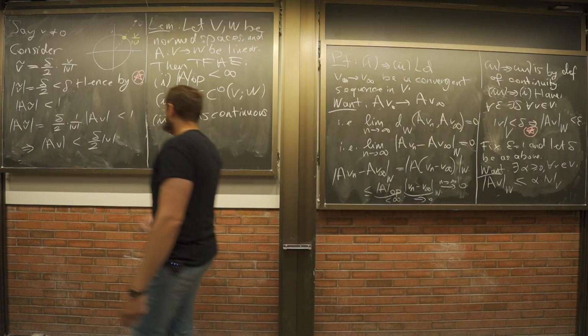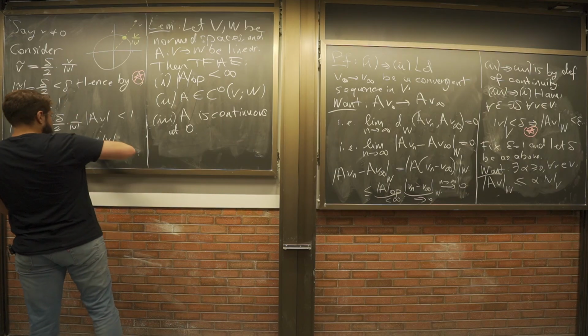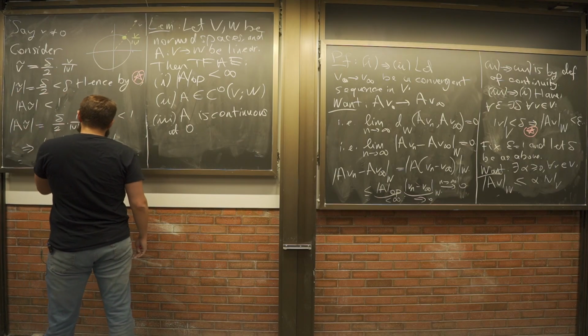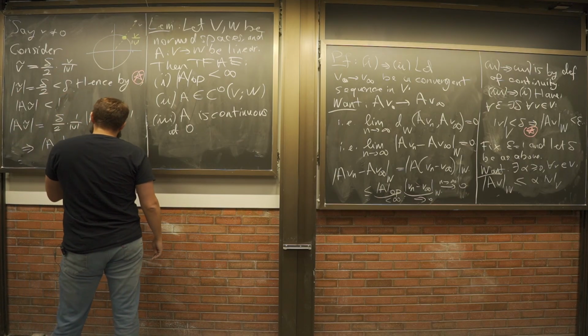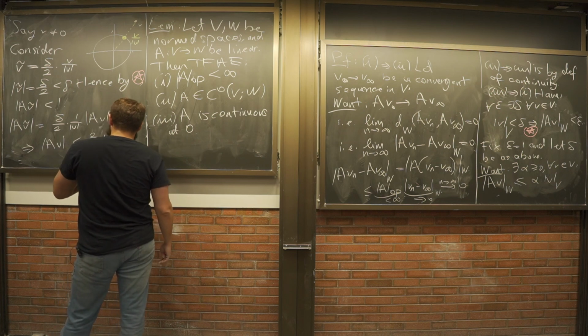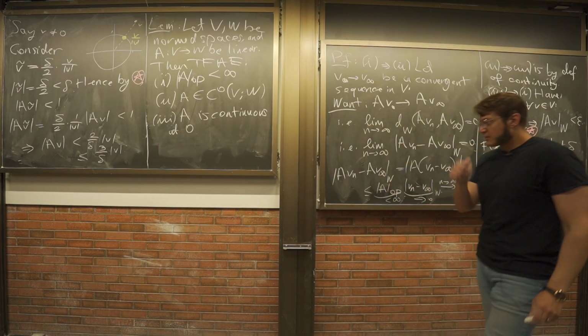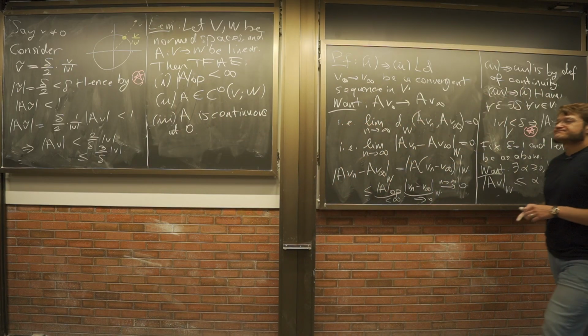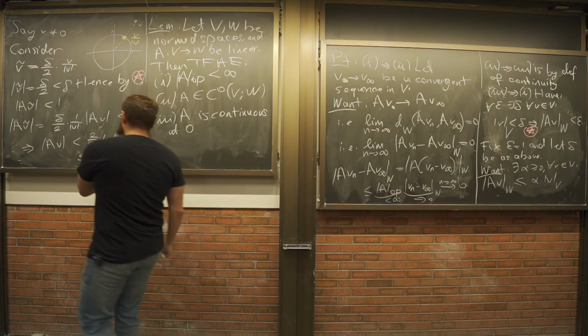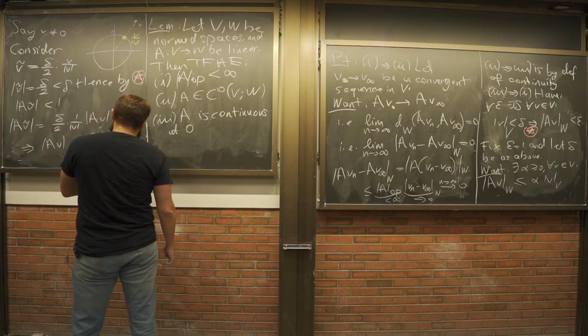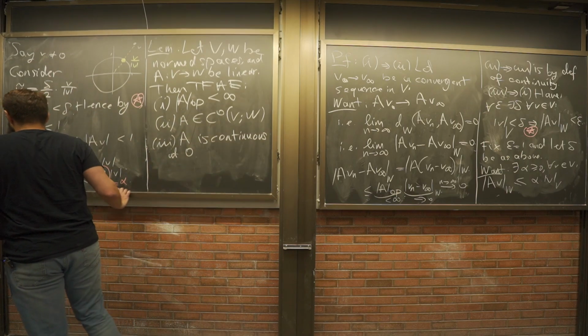If you want, you can sort of increase this. Should be 2 over delta. Let's say it is less than or equal to 3 over delta if you want. Doesn't matter. The point is that I was able to come up with an alpha that works for any V whatsoever. Okay, and that's the end.